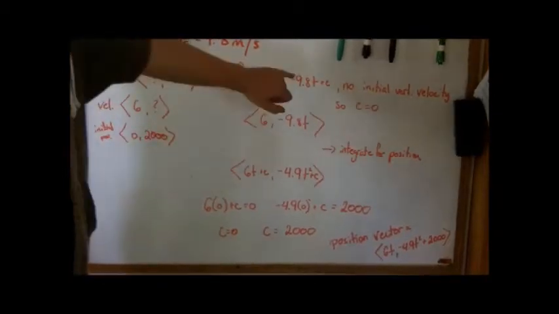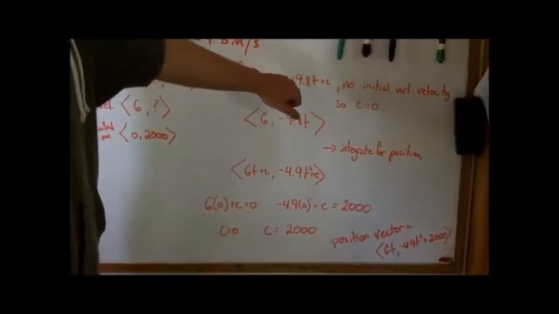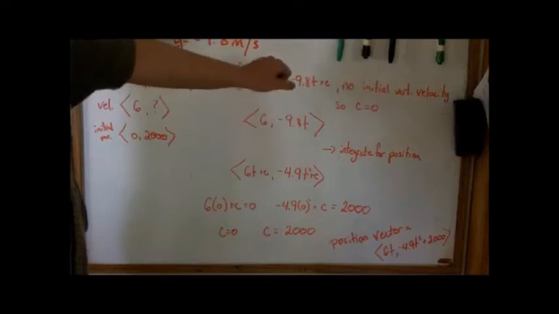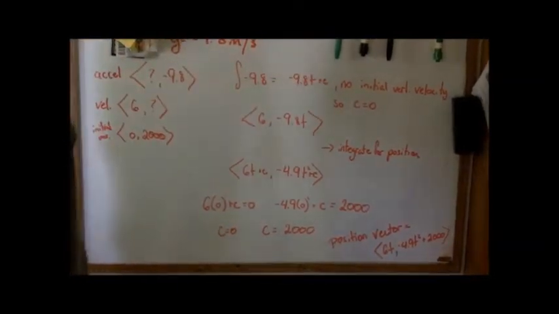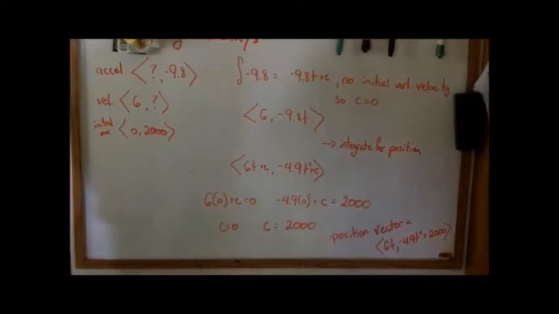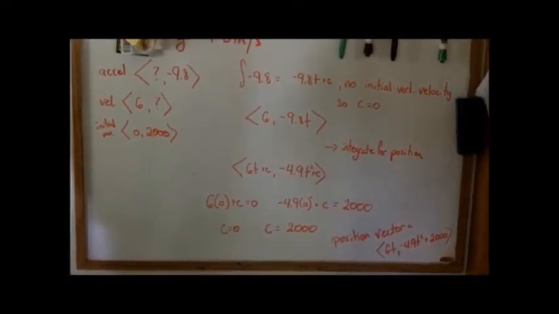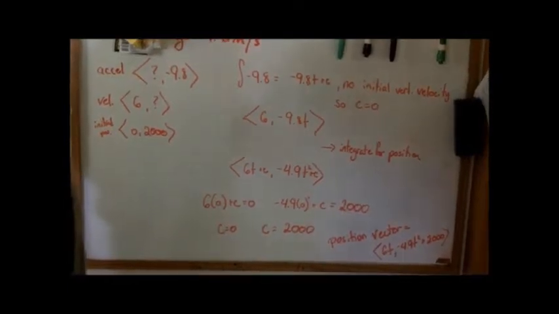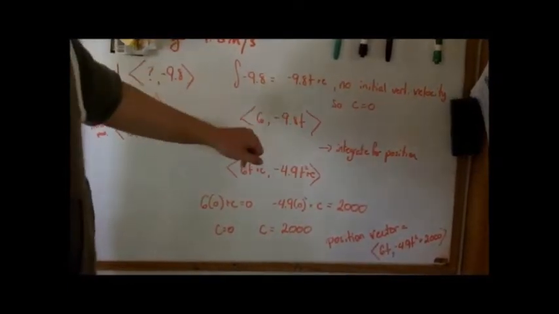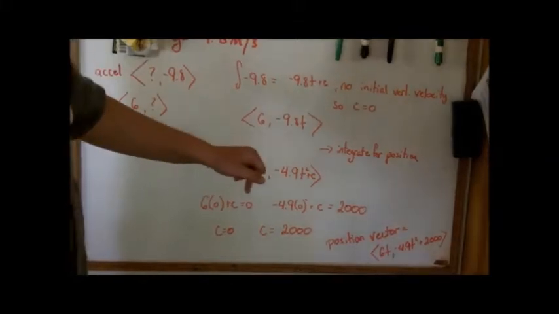So when you plug 0 in for t into negative 9.8 t, you want to have c equals 0 so that it still equals 0 at the initial point when I was thrown. So we know that our velocity vector is 6 meters per second for the horizontal component and negative 9.8 t meters per second for the vertical component.